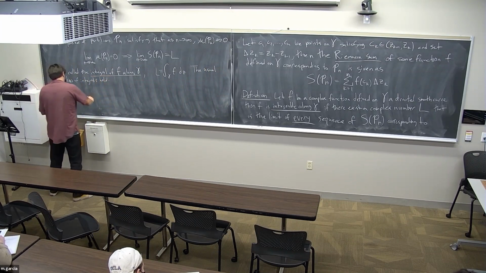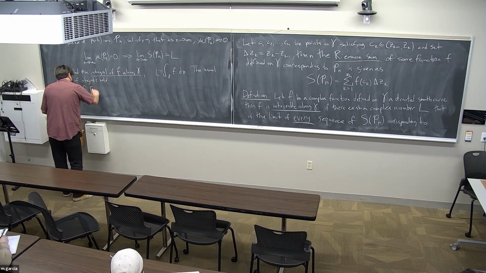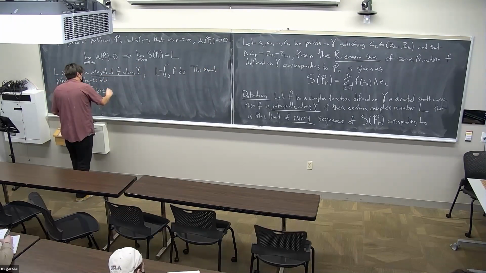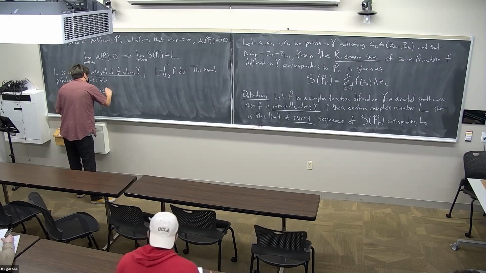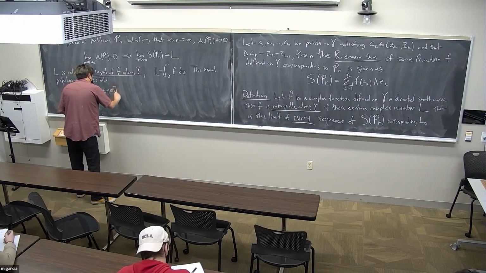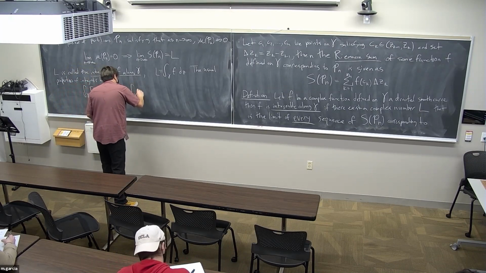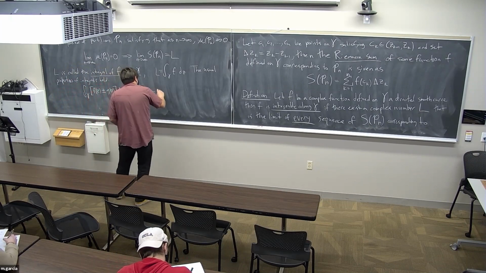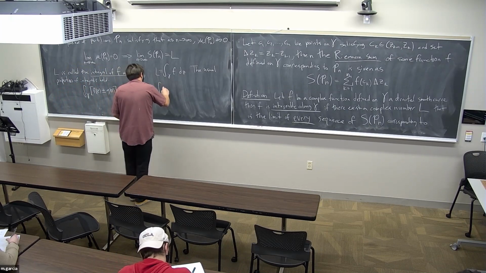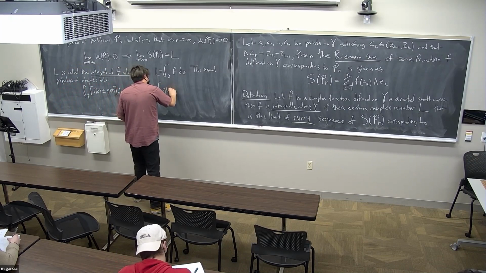What do I mean by this? If I take the integral along gamma of f of z plus or minus g of z dz, this is just equal to the sum or difference of the integrals of f along gamma and g along gamma separately.